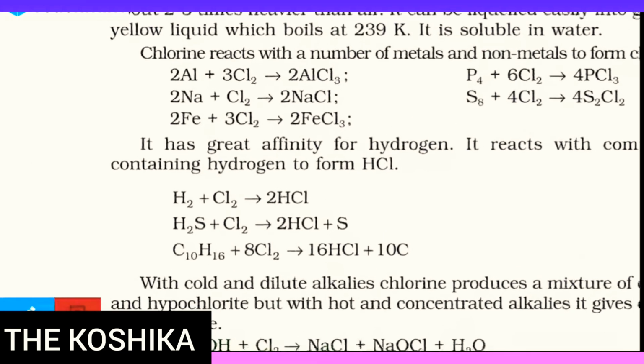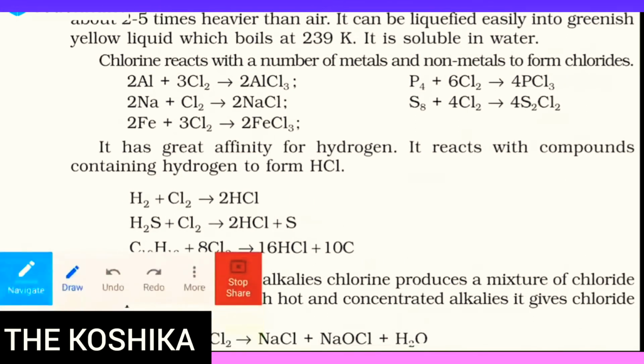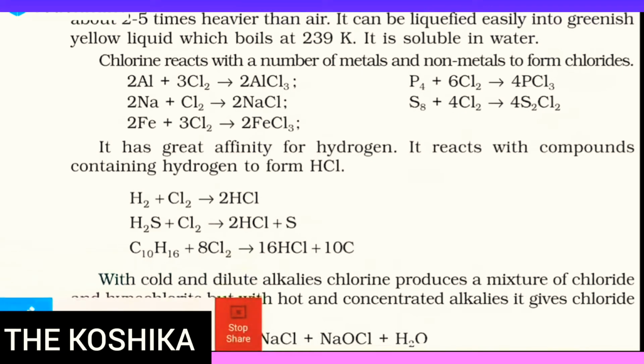So you can see this very easily. These are the reactions. For example, chlorine, when it reacts with aluminium, forms aluminium chloride. 2Al plus 3Cl2 gives you 2AlCl3. Then with sodium, and then iron. These are metals, so when chlorine reacts with these metals, they form the corresponding chlorides, that is aluminium chloride, sodium chloride, ferric chloride.